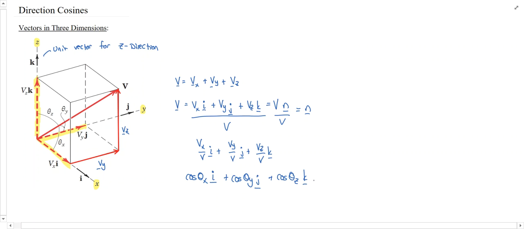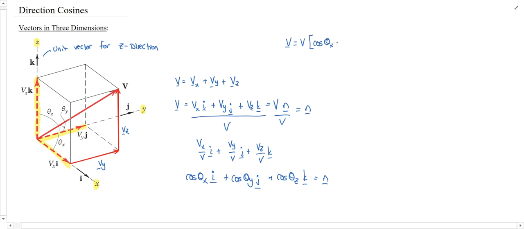And so that is what your unit vector looks like. Now, this is why these things I'm getting ready to write are called direction cosines, because n is cosine theta x in the i, cosine theta y in the j, cosine theta z in the k. And so if you were to plug that in up here, you say, okay, well, v is equal to some magnitude times this unit vector.